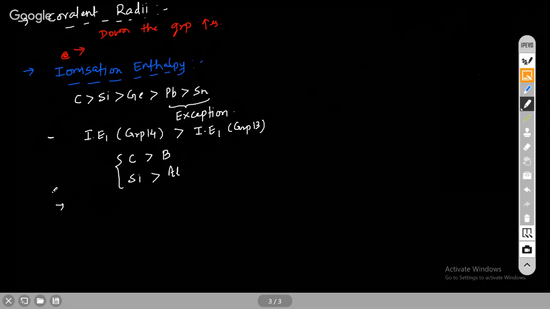It is increasing, but the gap is not as high as it is in carbon and silicon. So size is getting contracted as we go down the group. That's why in case of lead, the ionization energy is slightly higher than that of tin. So we have a little bit of irregularity in this trend. That is most important. You must remember this trend. Understood?